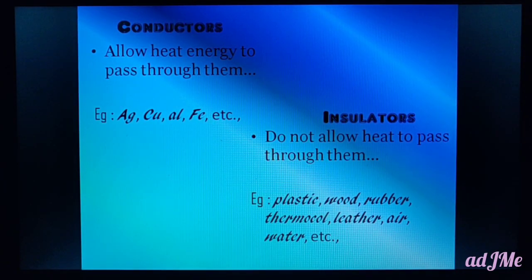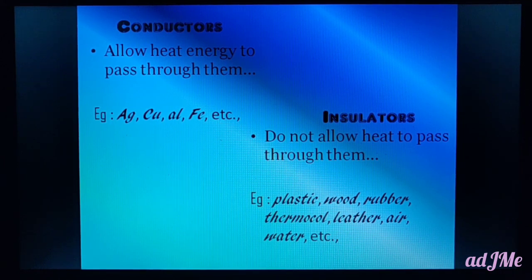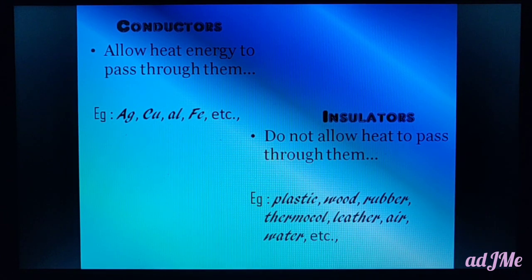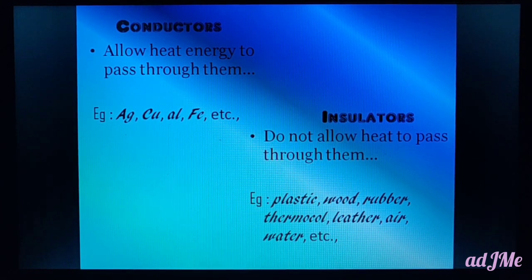Based on whether objects allow heat to pass or not, we classify the objects into two types: conductors and insulators. Again, you have learned this in lower classes, especially in 6th standard. There are some objects that allow heat energy to pass through them. Almost all the metals allow heat energy to pass through them, like silver, copper, aluminum and iron.